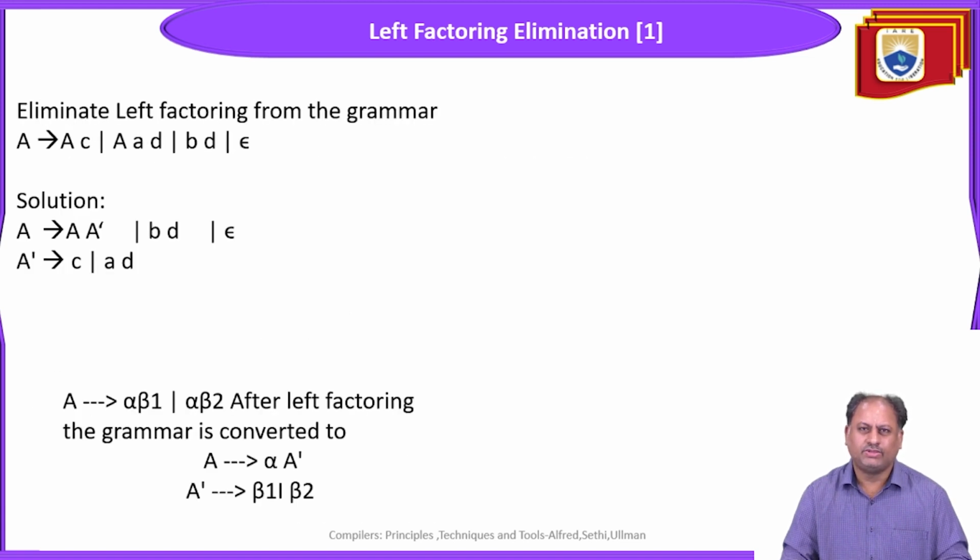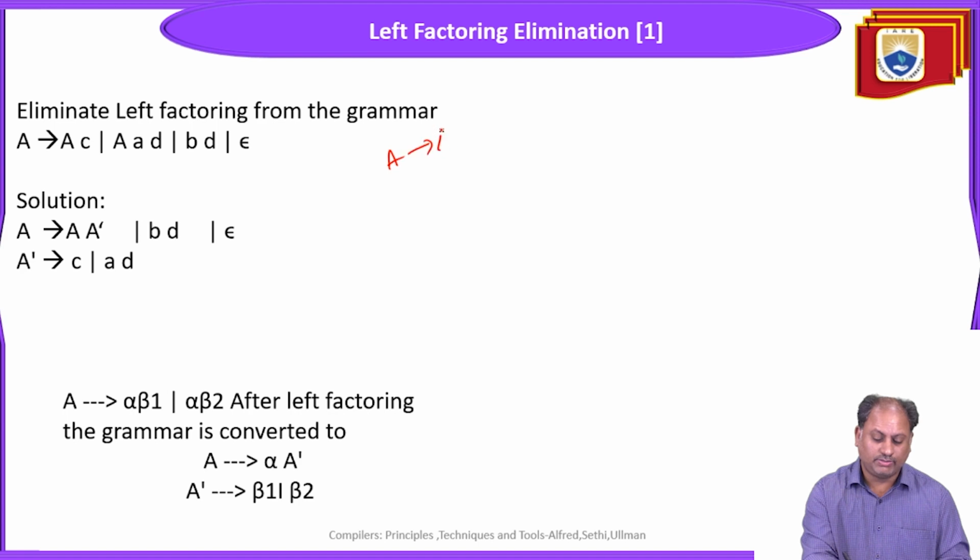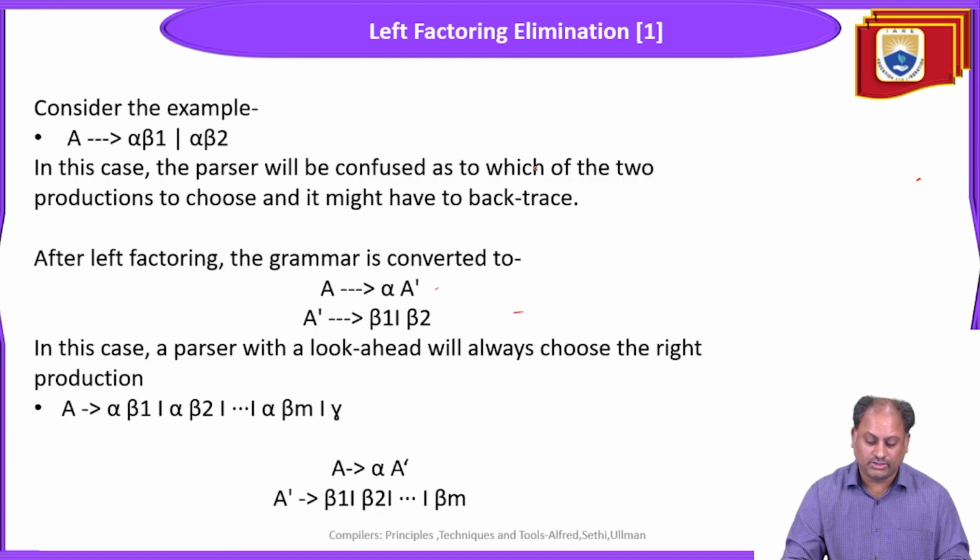For example, for the previous general syntax rule, we can eliminate left recursion. How does the existence of left recursion take place? Here, A derives A c, this is the existing left recursion. A derives A d. So this is to be avoided with the help of A derives alpha A dash. In the previous example we have seen A derives alpha A dash, this is the first rule.